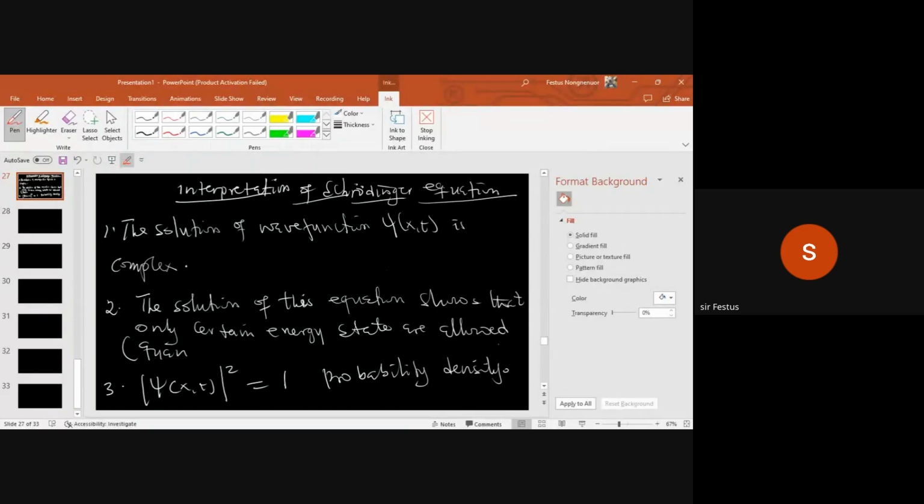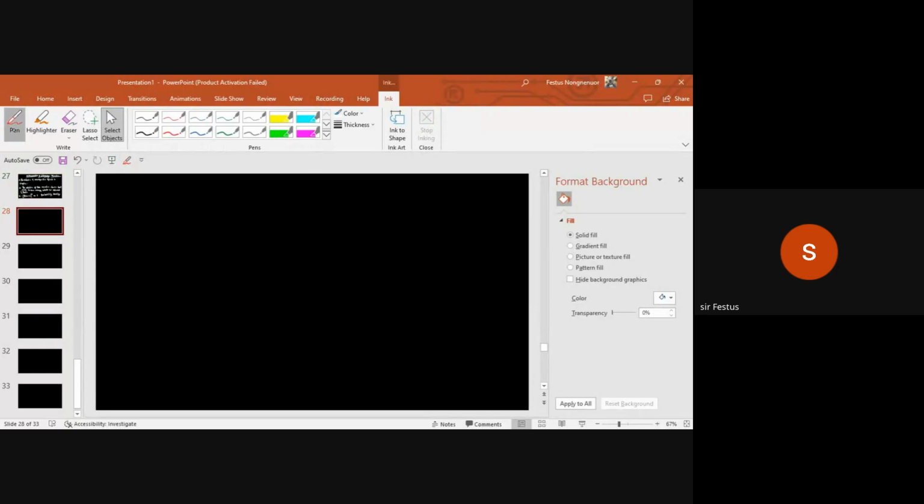Then the fourth one: any function which satisfies the time independent Schrodinger equation must be single valued, continuous, and then smoothly varying.